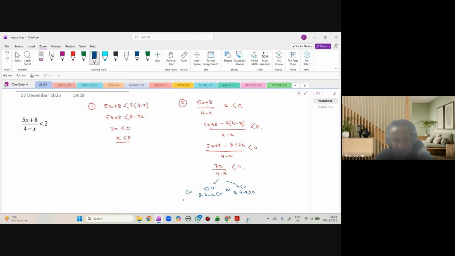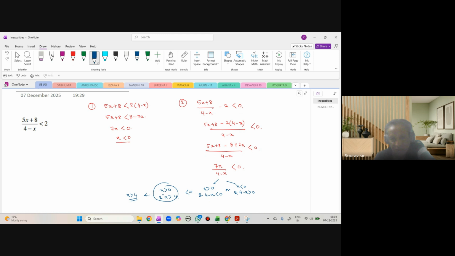So from the first case, I get x greater than 0 and x less than 4. Sorry, x greater than 4. Right? x greater than 0 and x greater than 4. So if I combine these two, I get x greater than 4.